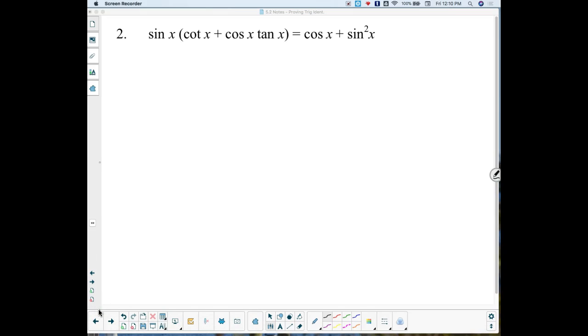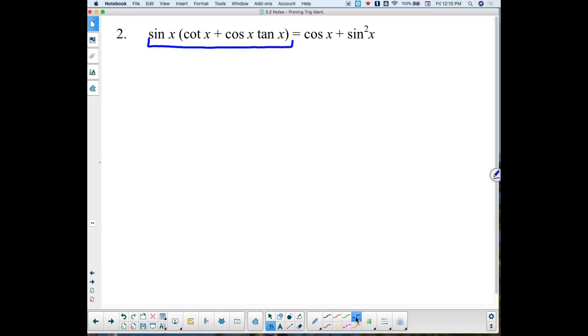All right, so from up front here, from the front row, it's looking like everybody worked left side, as the more complicated side. So let's work left side here, because it's just a matter of fact, it's just more complicated. Okay?